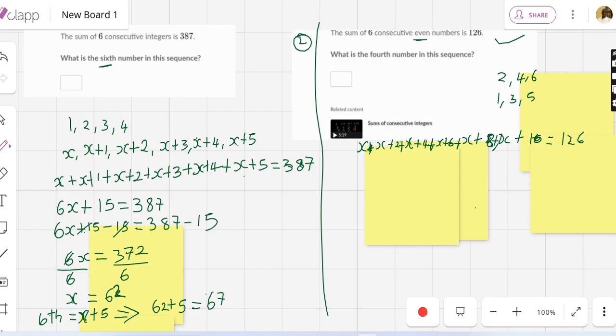So we have x plus x of 3, 4, 5, 6. So we have 6x.